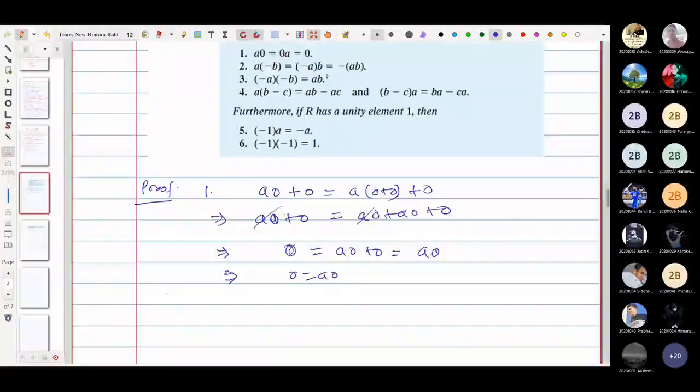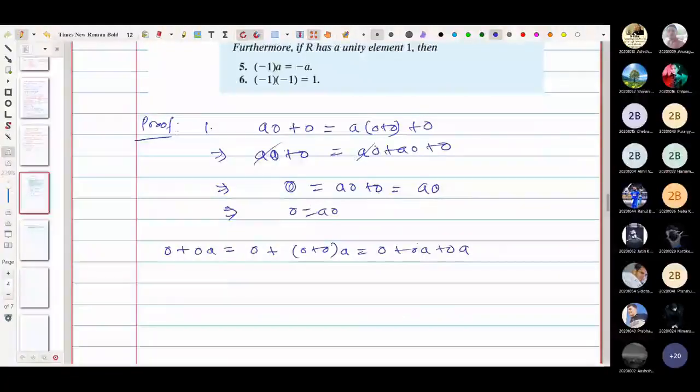Similarly, for 0a we can talk about 0 plus 0a. Then we can write (0 plus 0)a, and this equals 0a plus 0a.